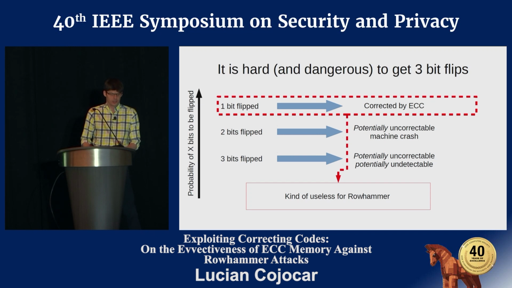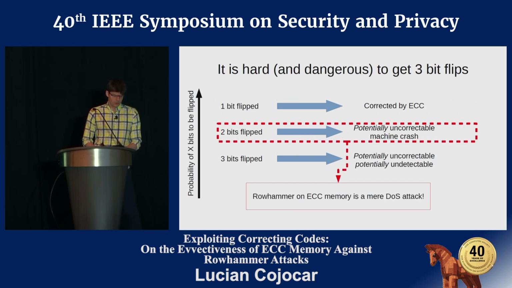We cannot exploit a bit that was corrected. If 2 bits are flipping, then the machine will crash. And actually, this is just a denial of service attack. And to date, this is the state of the art. So we know that Rowhammer on ECC memory will cause a denial of service attack.